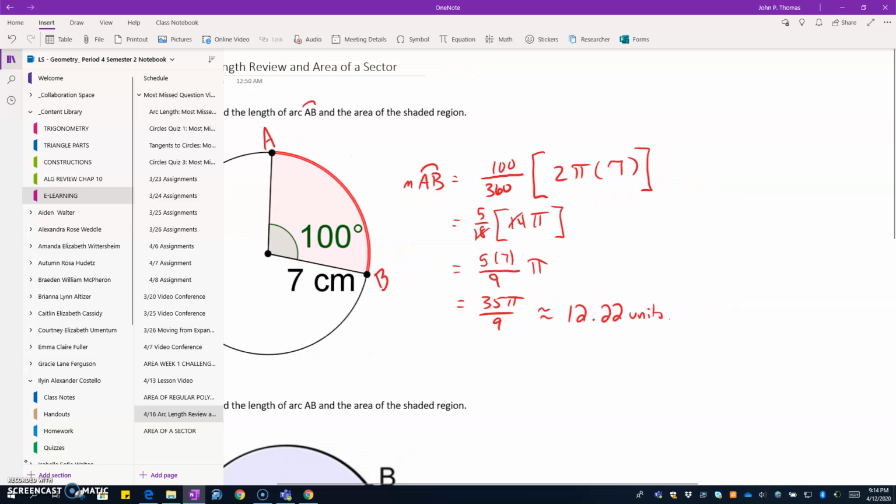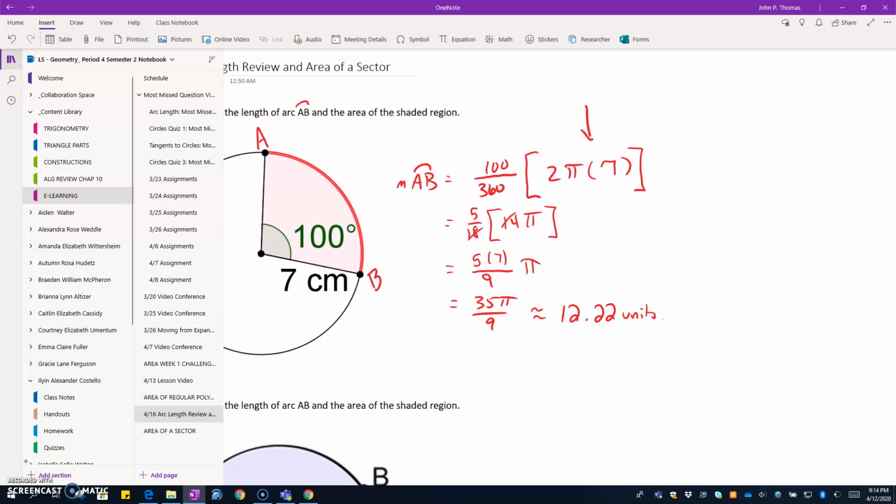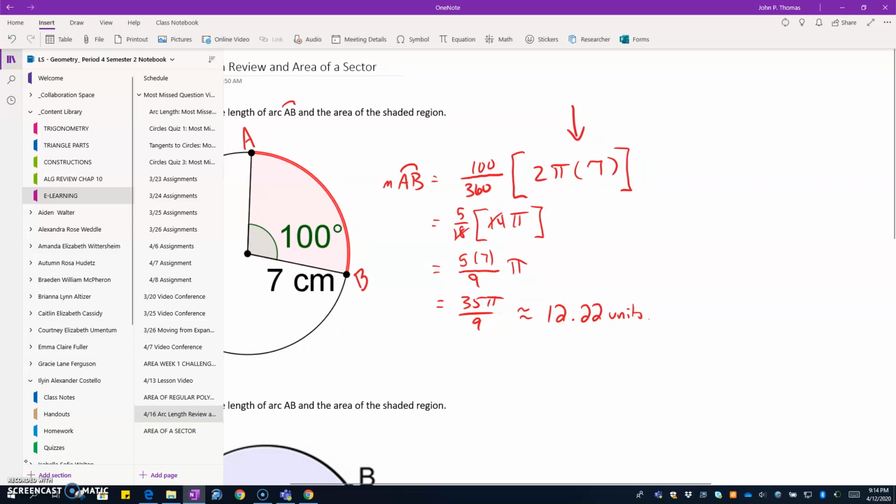Now our approach for area of the sector is almost identical. The only change is instead of taking a fraction of the circumference, we're going to take a fraction of the area. So if I want to find the area of sector AB, I'm calling it by AB, just the ends of that chord.